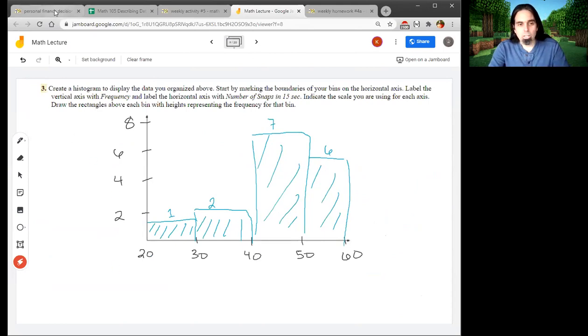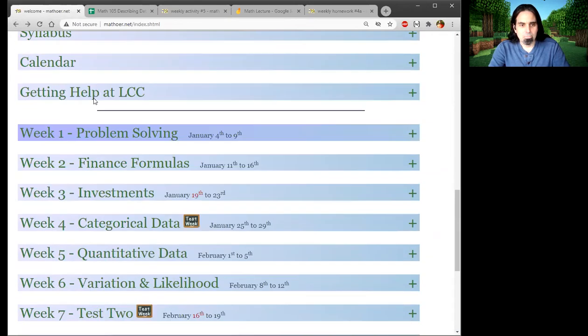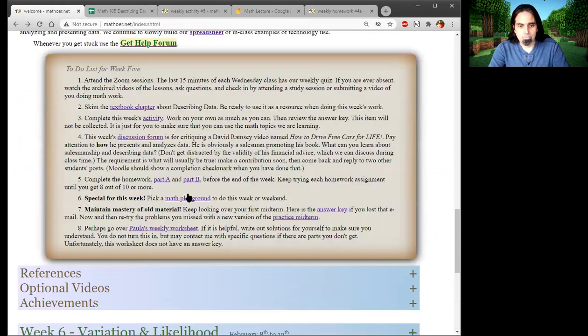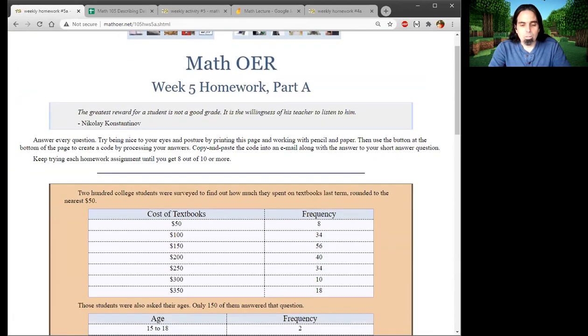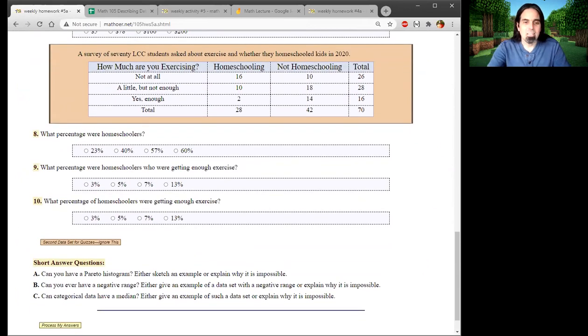Things get a little trickier on the homework. Because on the homework, we have some charts with two things going on.